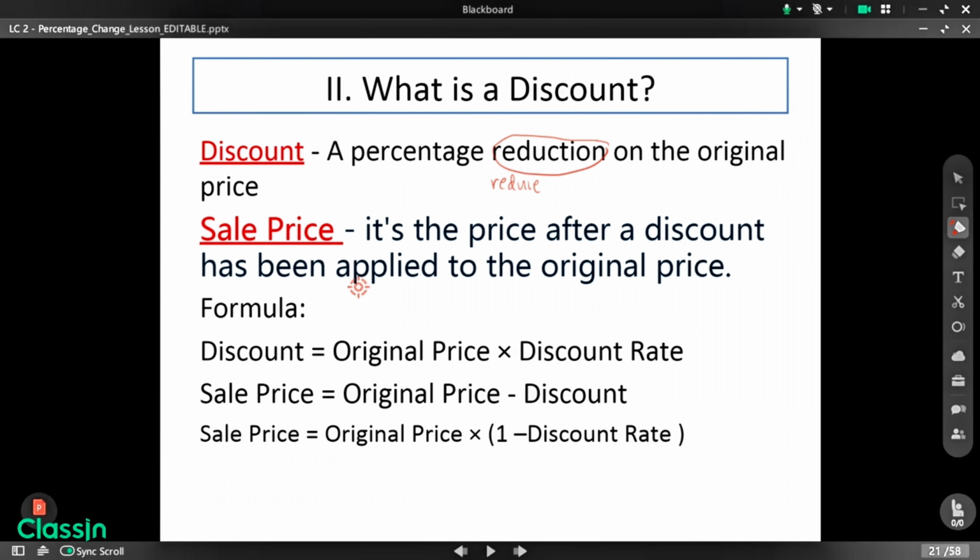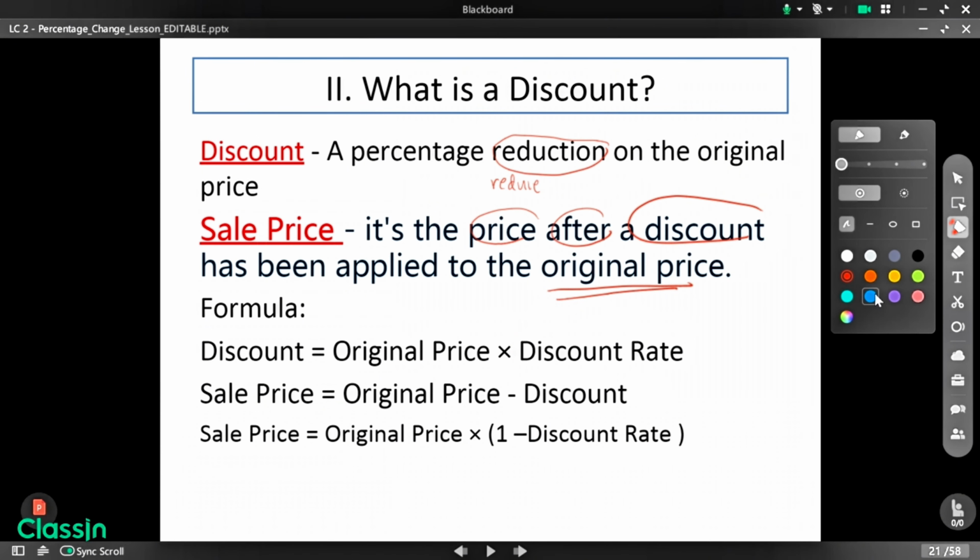And another term that we must remember is the sale price. It is the price after a discount has been applied to the original price.